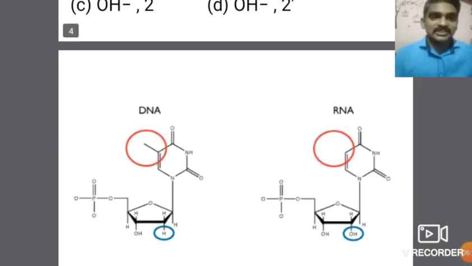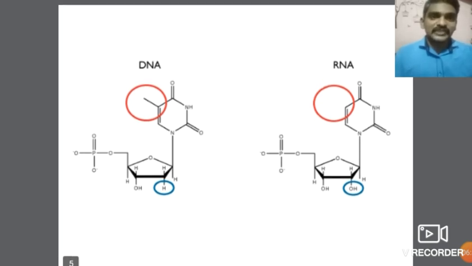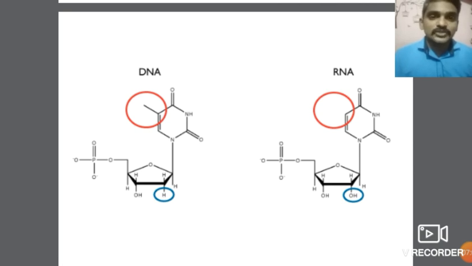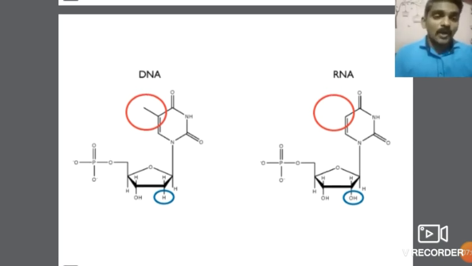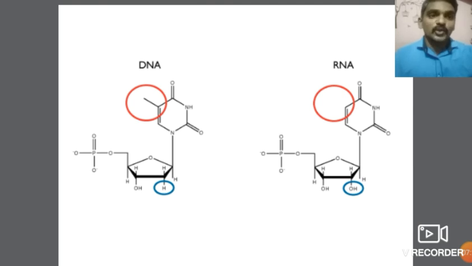You can see the structure here and clearly identify it. First, in the case of DNA, the blue color circle denotes the deoxyribose sugar. In the second position it has only hydrogen, whereas in case of RNA you can see in the second position of the ribose sugar it has what? OH group.